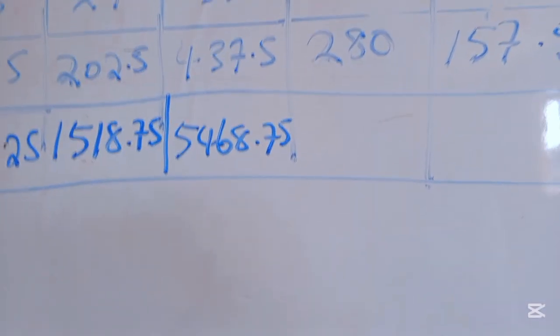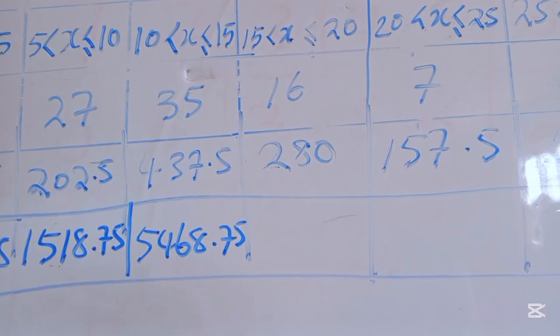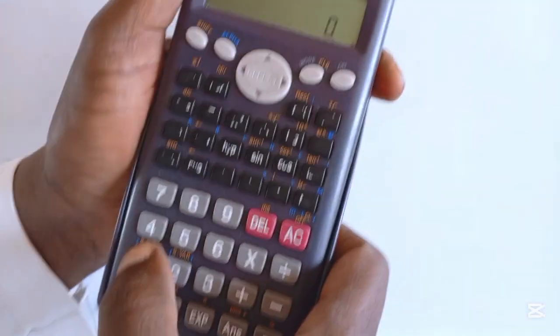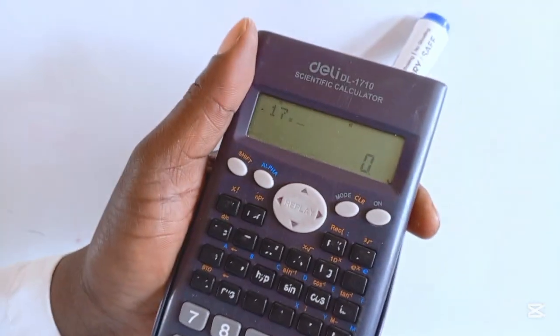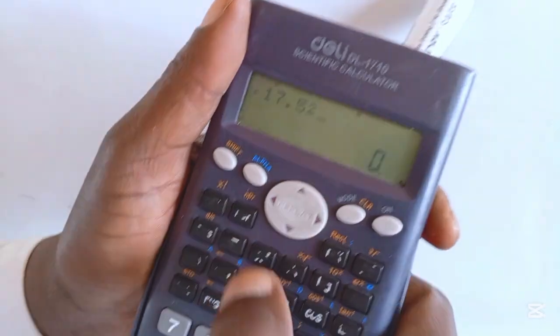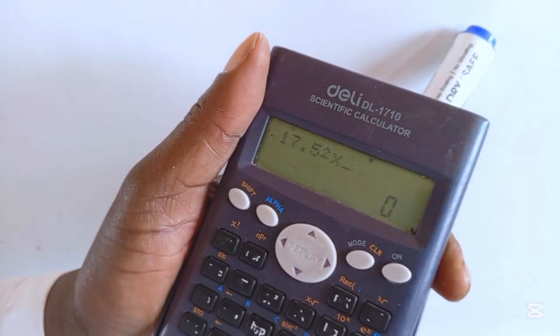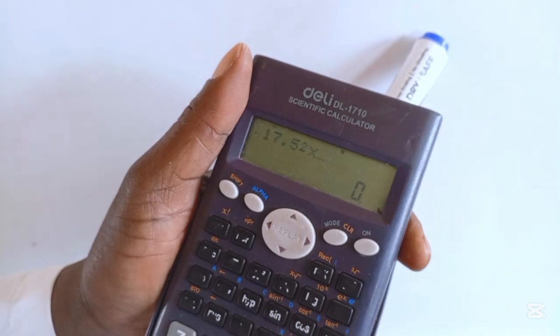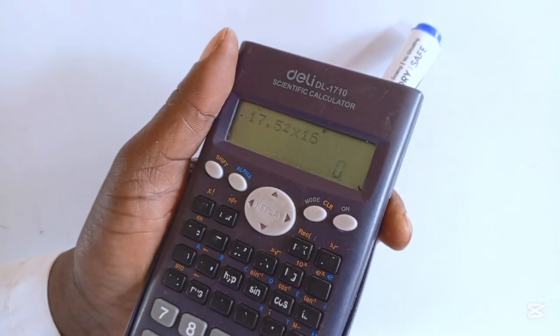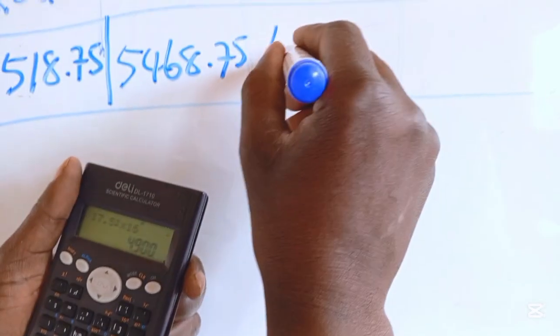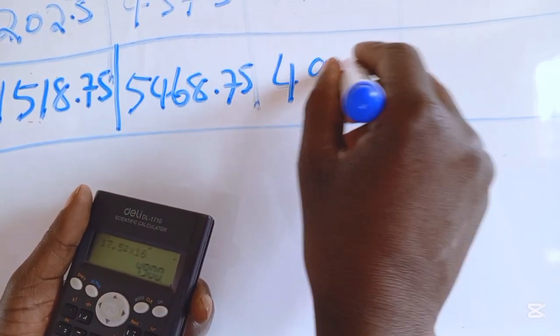You go to the next one, meaning 17.5 squared. You are going to multiply with the 16. You get something like, okay, this is 4,900.